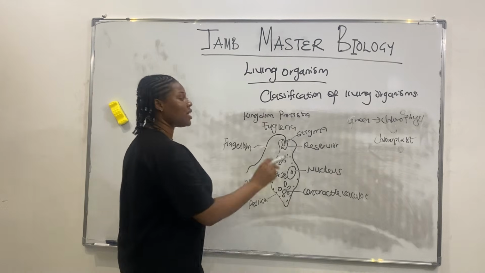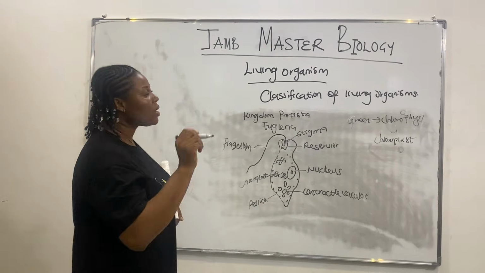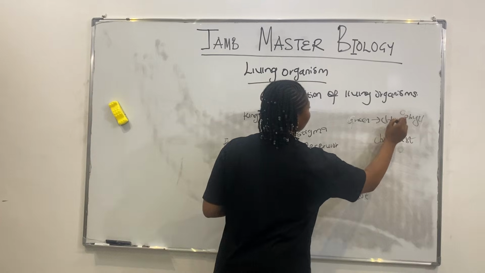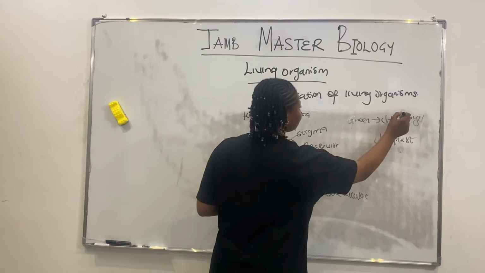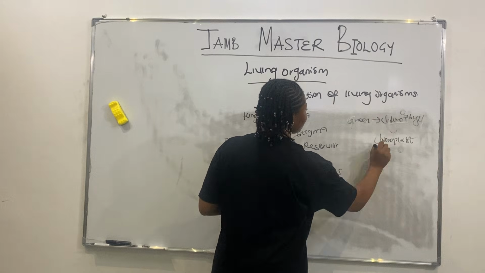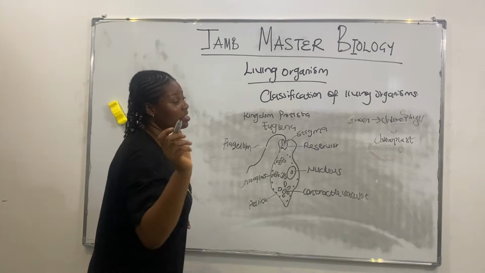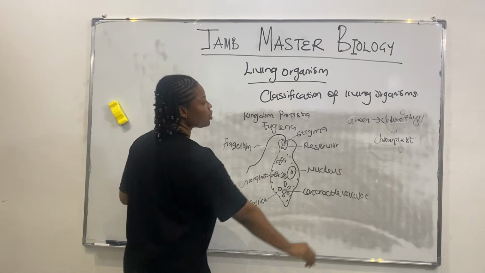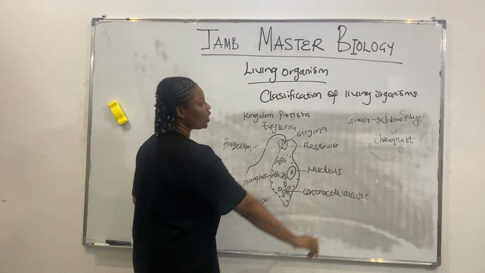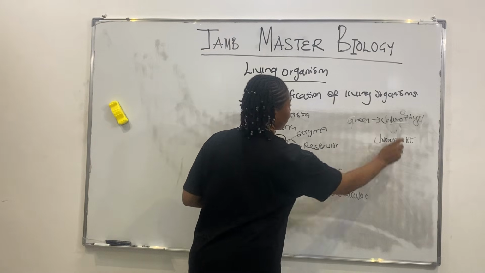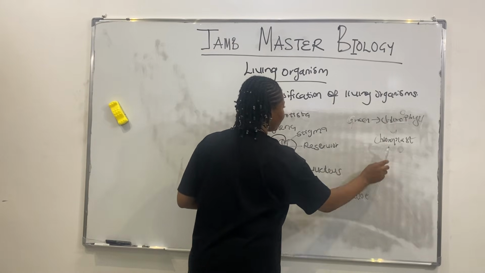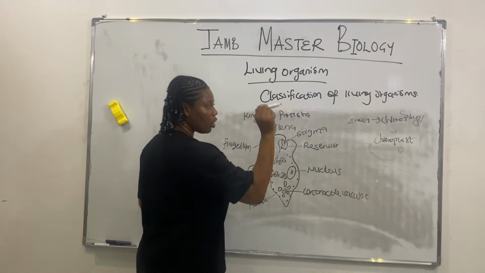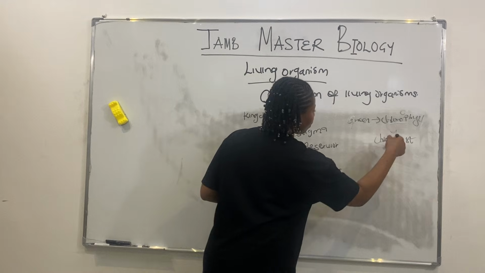So in case you see in JAMB, the green pigment in plant is called dash, the answer is chlorophyll. Sometimes they can put chloroplast, or they put chlorophyll. Chlorophyll brings about the green pigment of plant, and the chloroplast is what brings about the chlorophyll.